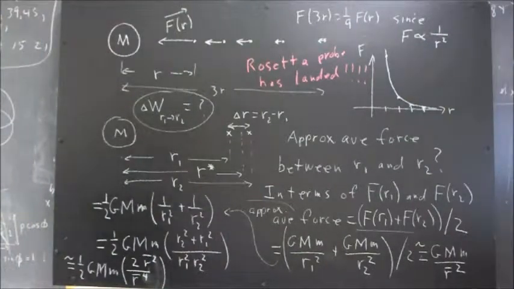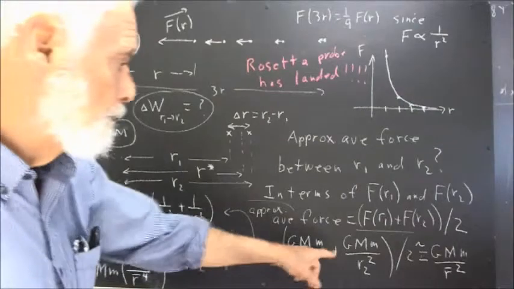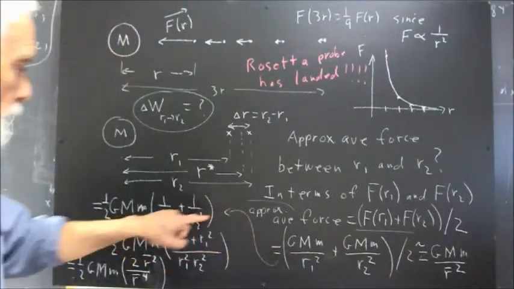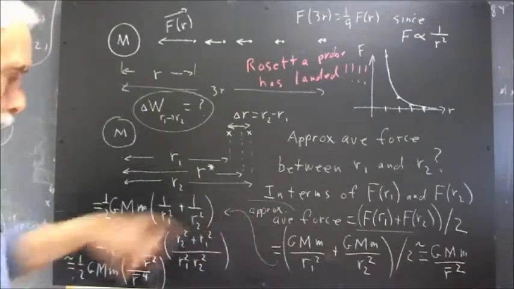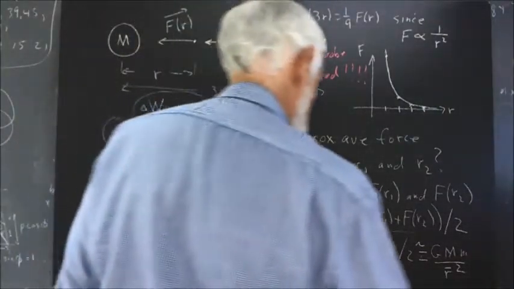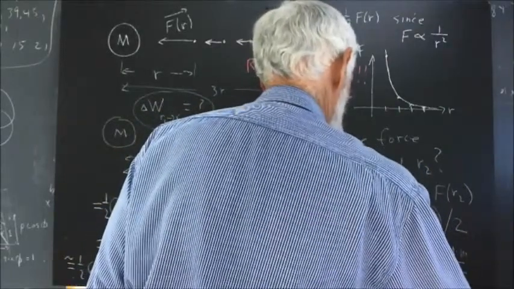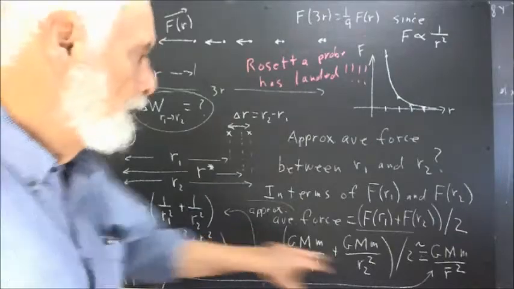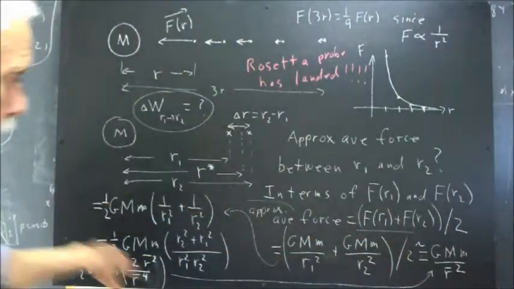Okay, in that case, this expression equals that. Actually, we came over here and we simplified this expression, and from that simplification, we came up with this. So let's see how we got from here to here, because we had to go this whole route.